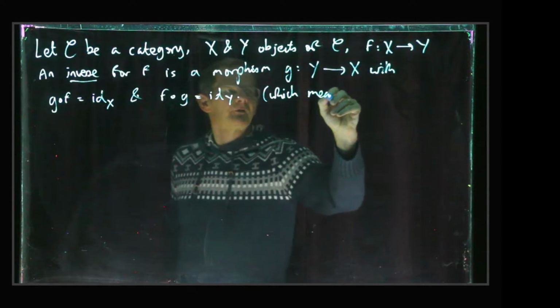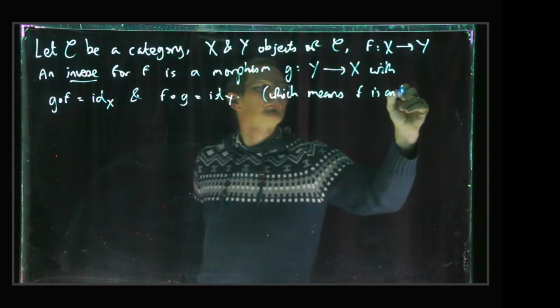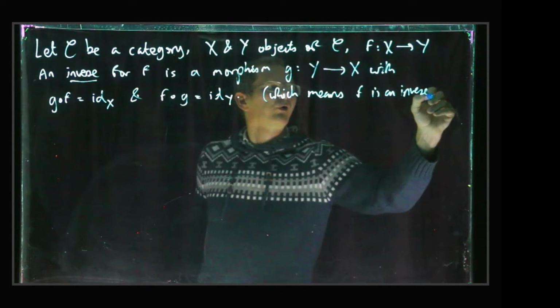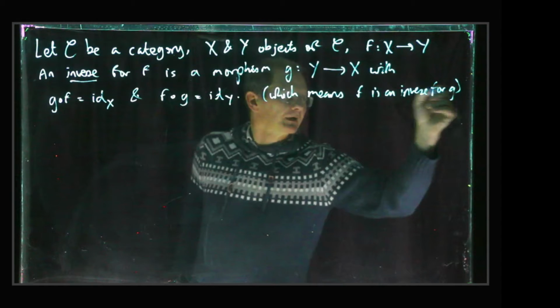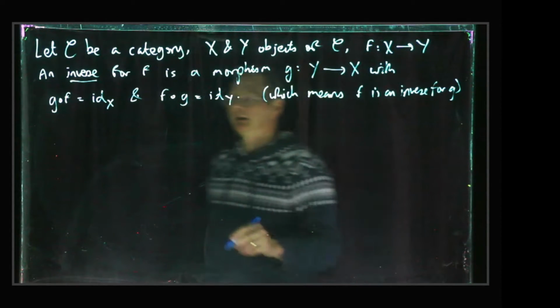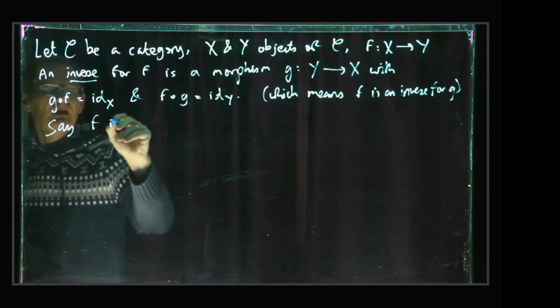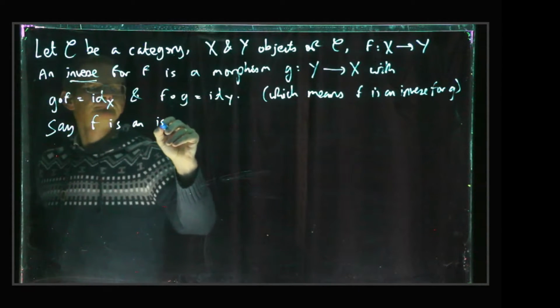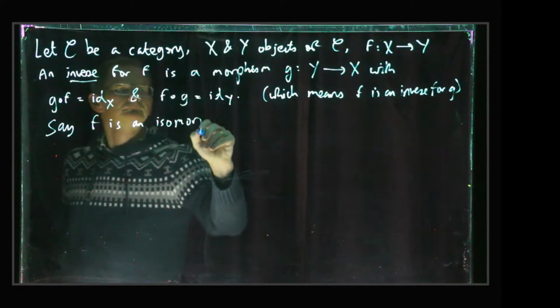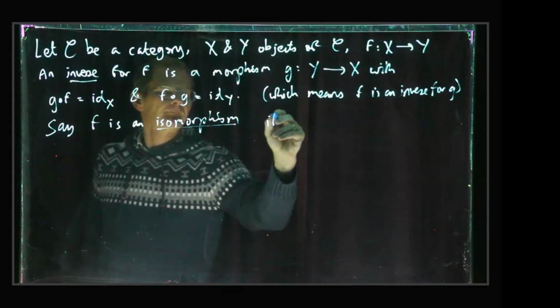And note that this is kind of symmetric. That means F is an inverse for G. Right? G is an inverse for F if and only if F is an inverse for G. And we say F is an isomorphism if it has an inverse.